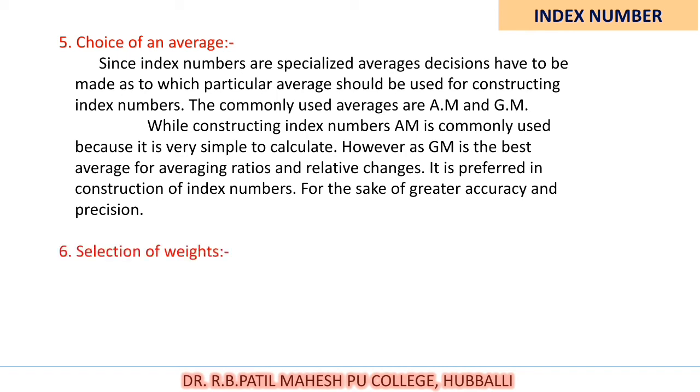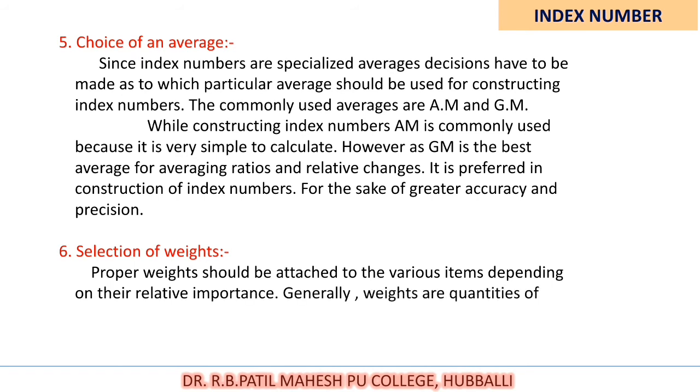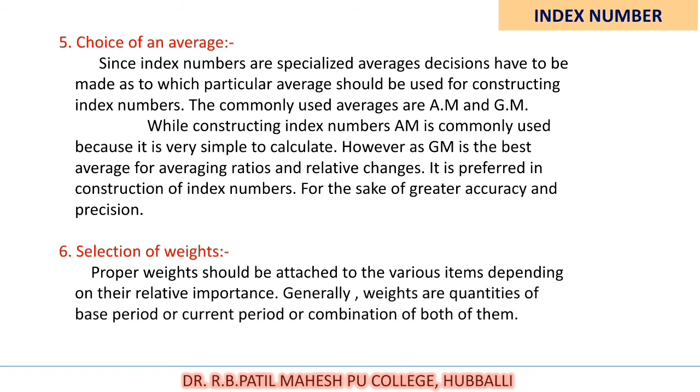So after choosing the average, the sixth step is selection of weights. Proper weight should be attached to the various items depending on their relative importance. Generally, weights are quantities of the base period or current period or a combination of both.